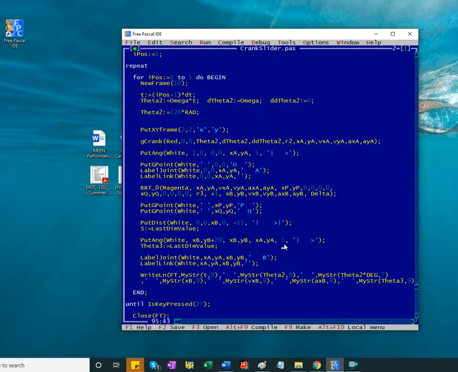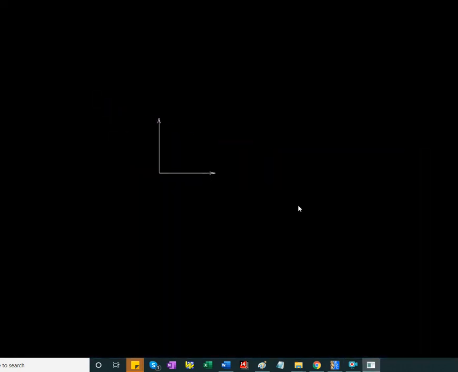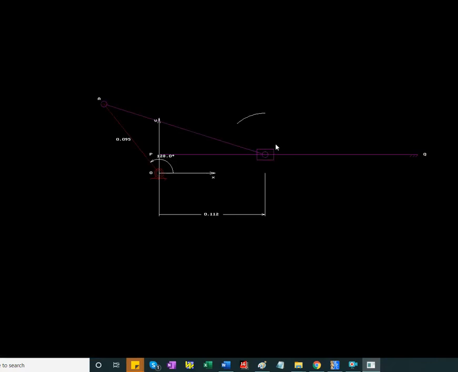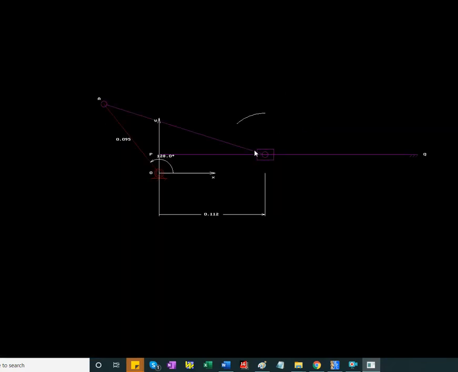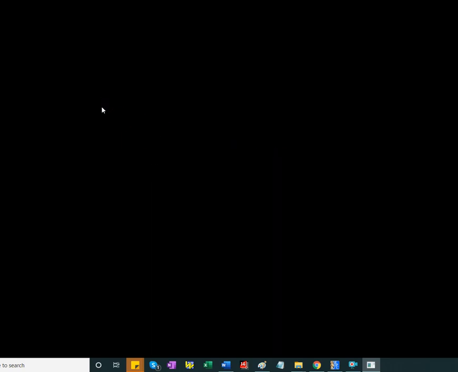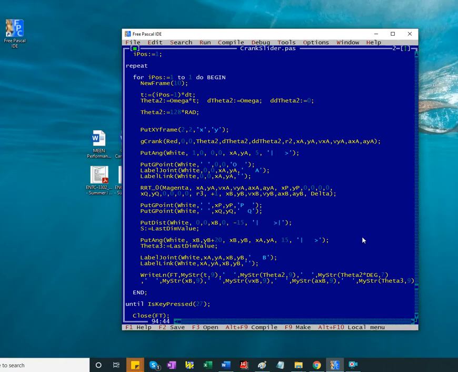You control the length of that line in terms of relative dimensions, in terms of the diameter or size of the joint. So this 15 has nothing to do with any dimension of the drawing.